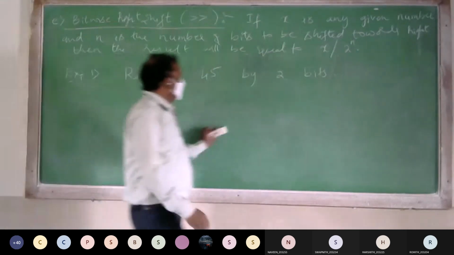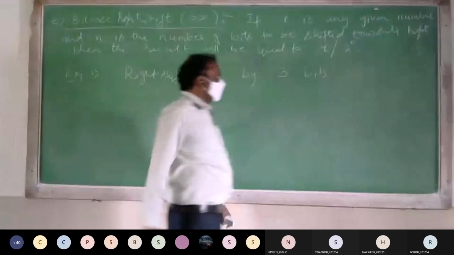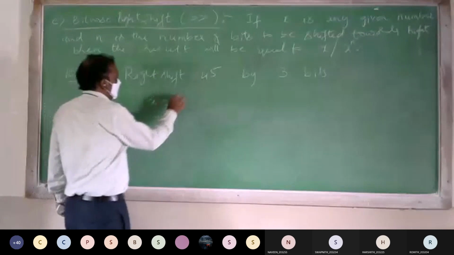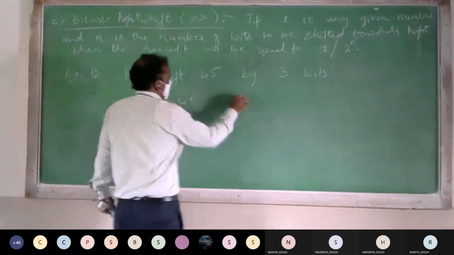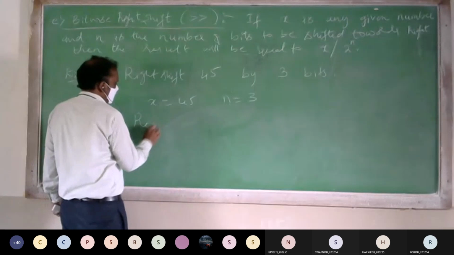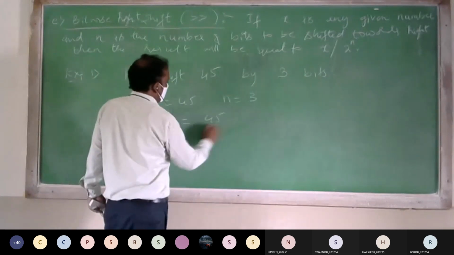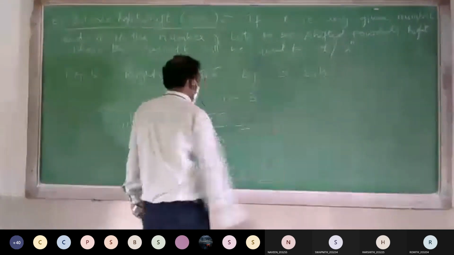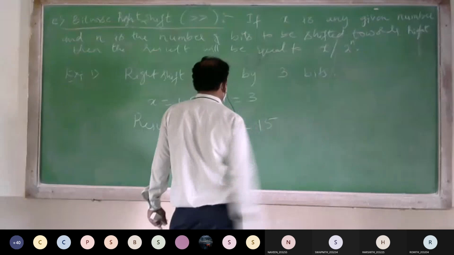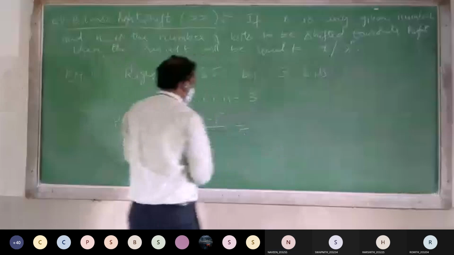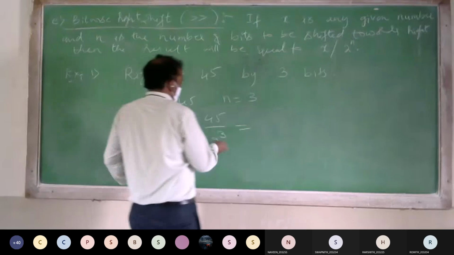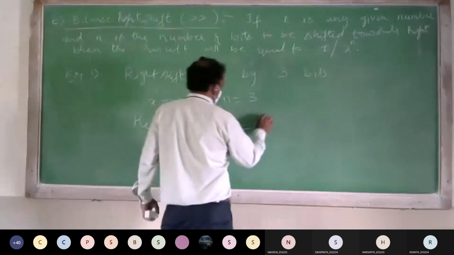Right shift 45 by 3 bits. So x is equal to 45, n is equal to 3. Result is equal to 45 by 2 power n, 2 power 3. 45 by 8.